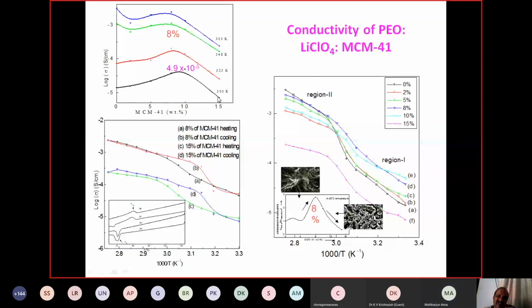For the PEO, it increased up to a higher content of 8% of MCM41. In the above cases it accommodated up to 10% only, but in this case it accommodates only 8%. Behind that, the conductivity started decreasing because aggregation is taking place here.